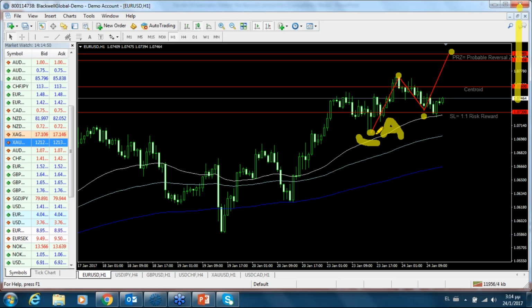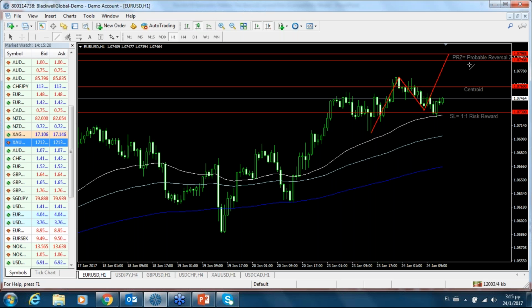Now, this simple ABCD pattern, if I were to convert it into a geometric pattern, I simply use a trend line. So if I start off with that ABCD pattern, A, B, C, and then I'm projecting D. That D is a forecast of where D could possibly go to, around that area here.